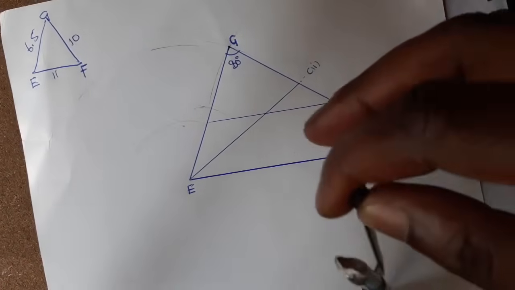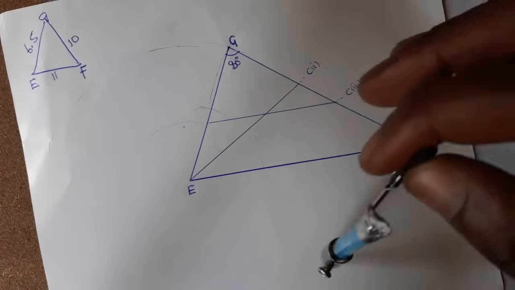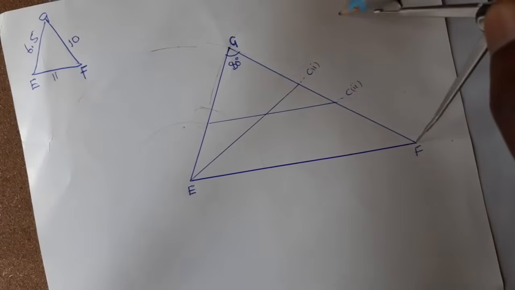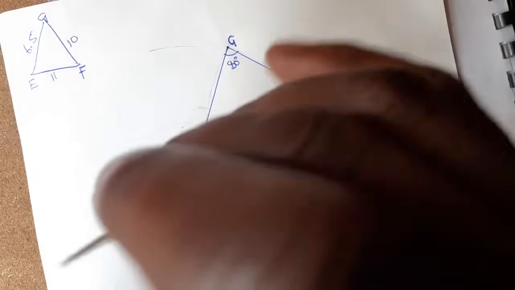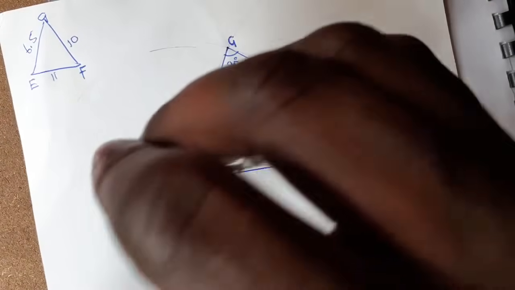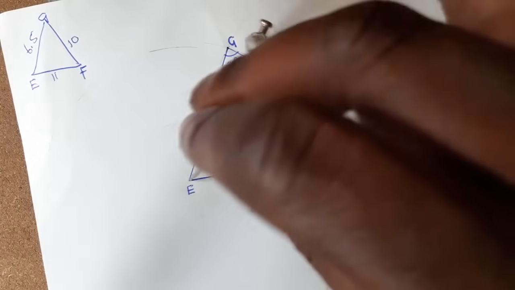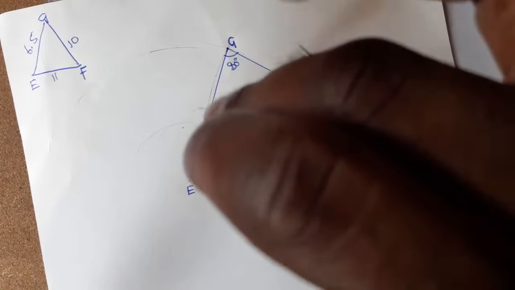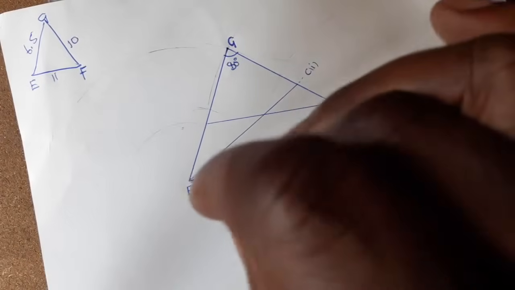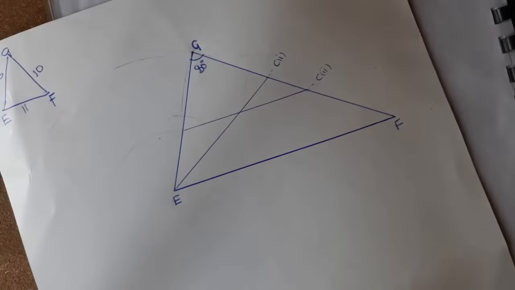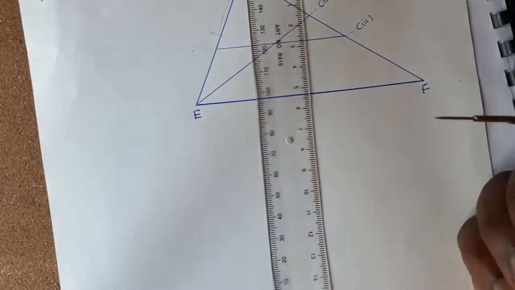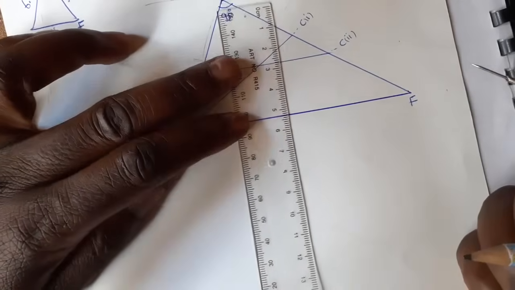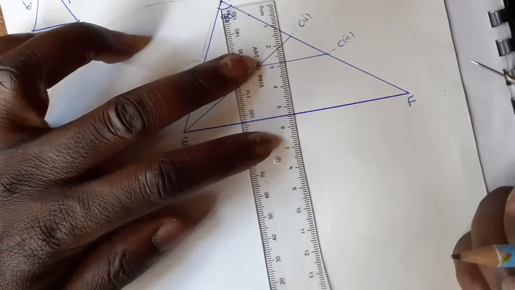So I'll draw an arc here and another arc up there. Okay, then I'll shift the compass. So we have the two are meeting at that point and down here.